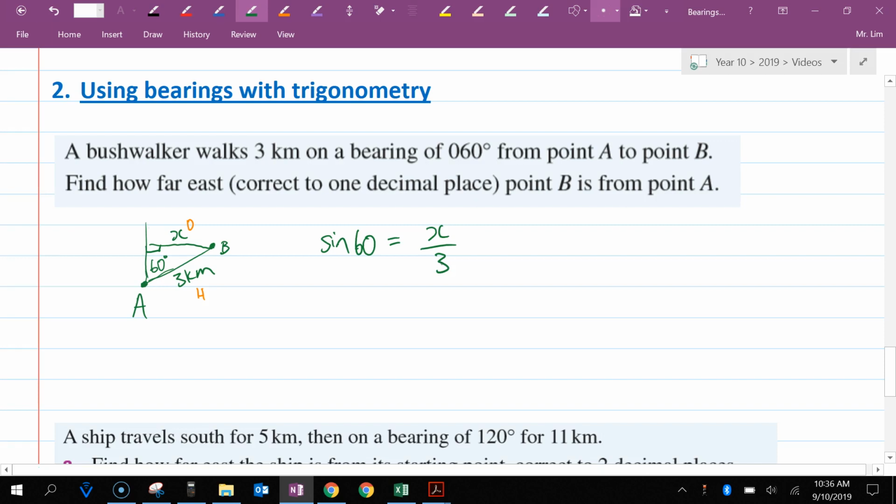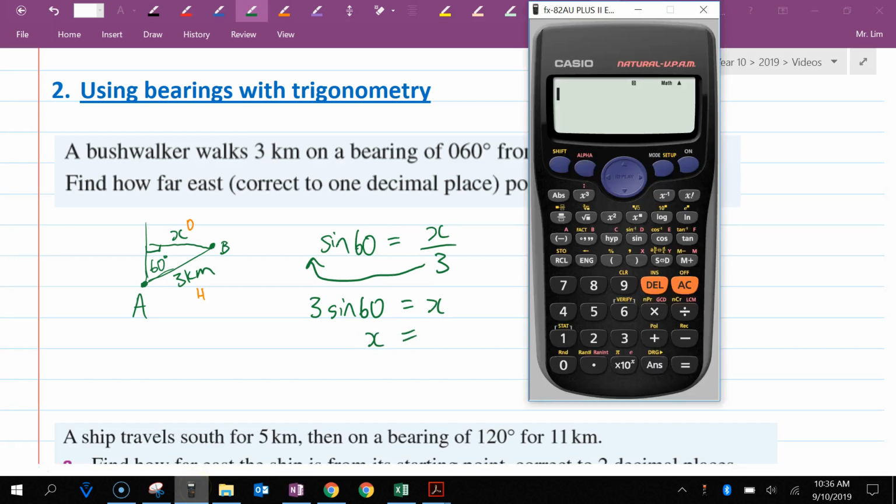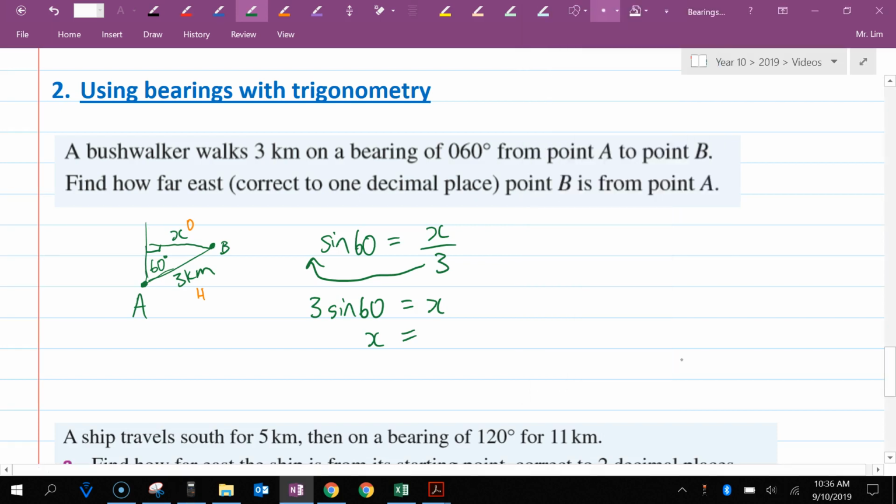And we've got the number in the denominator, bring it out to the front. 3 sine 60 is equal to x, so x is equal to 3 sine 60, 2.6 to 1 decimal place, kilometers.